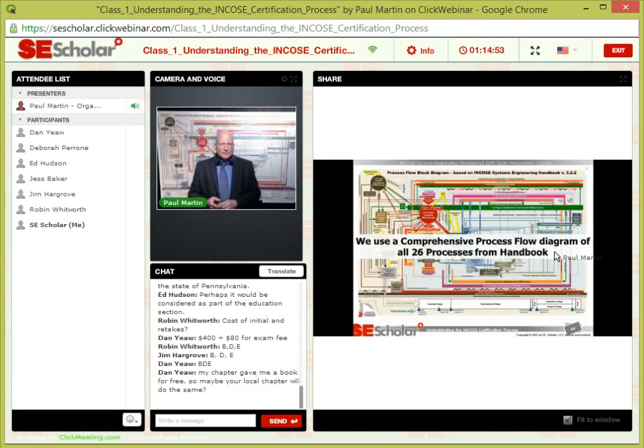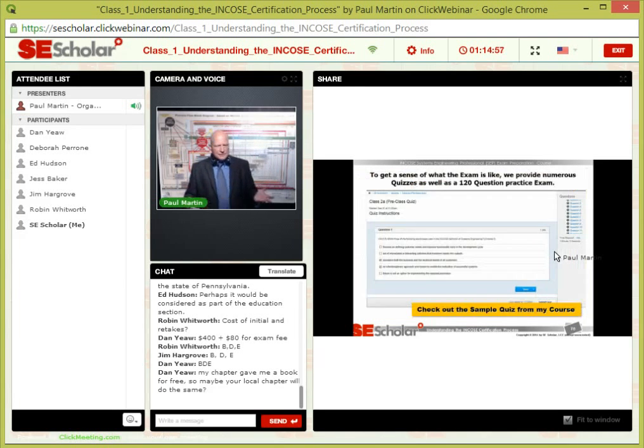The flow diagram of all 26 processes, and then the quizzes. The only problem with the quizzes through this learning management system is they give you partial credit, whereas in INCOSE, they do not. If you only get 2 out of 3, the question's denied.